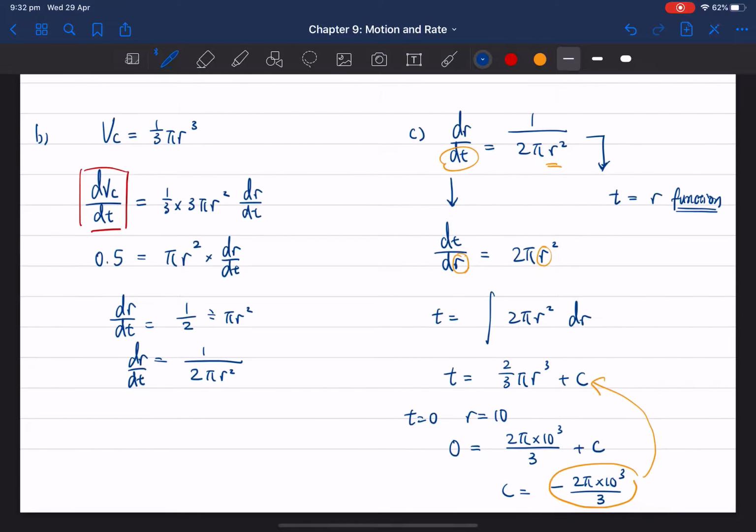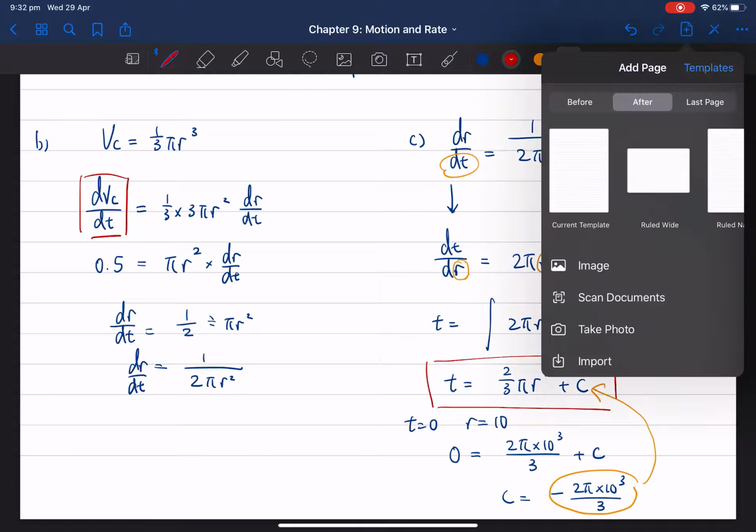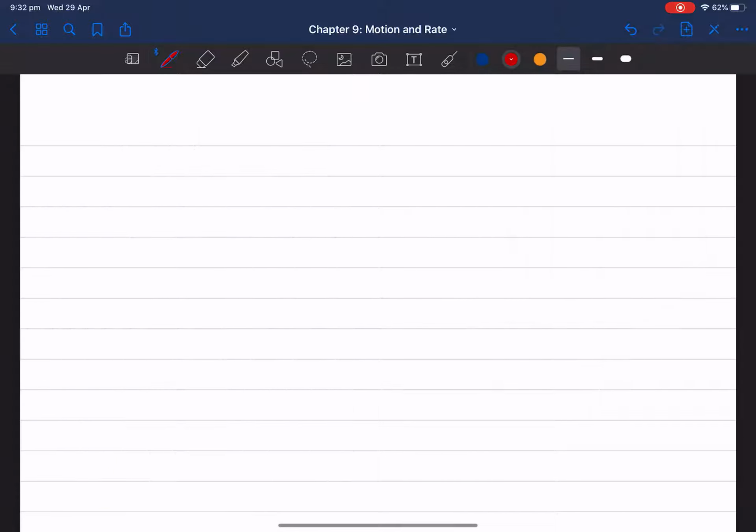So how do we do it? Well, we have this equation here, and for this equation we should be able to work out the time by doing the substitution. So let me just create the page and write down the equation we had previously.